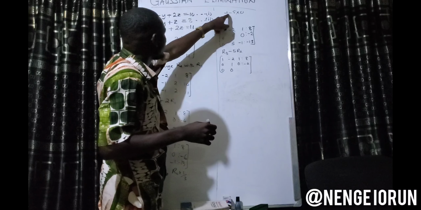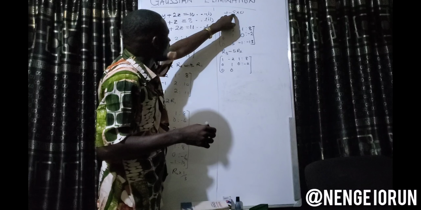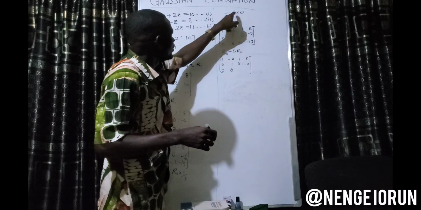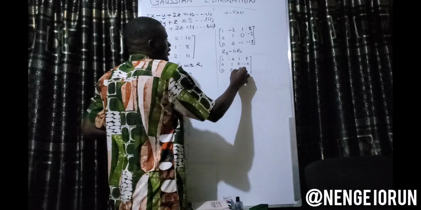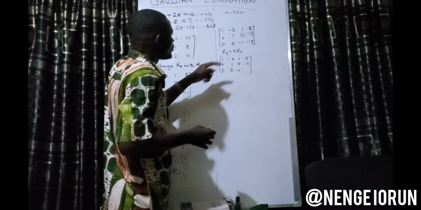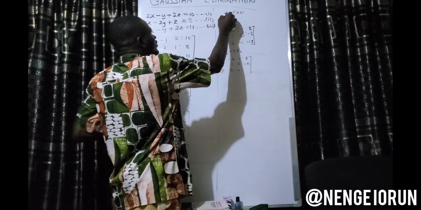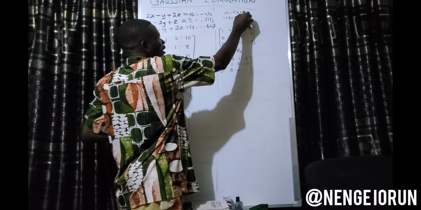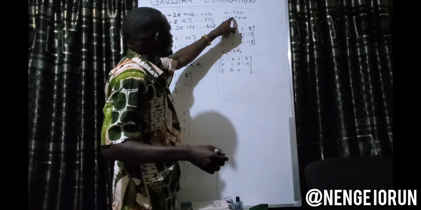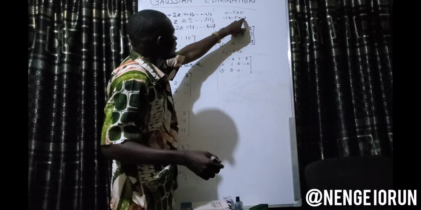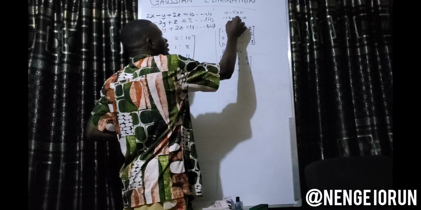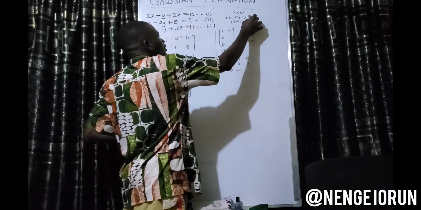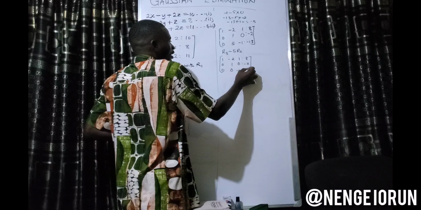This will give us 0, and this will still give us negative 1 dot. So here we have negative 13 minus 5 times negative 2, which is negative 13 plus 10, which will give us negative 3.